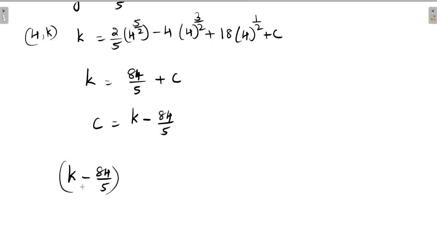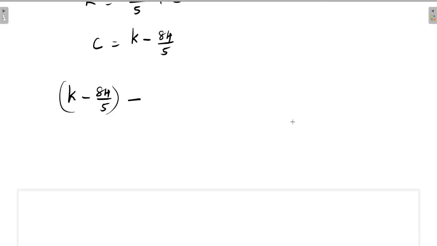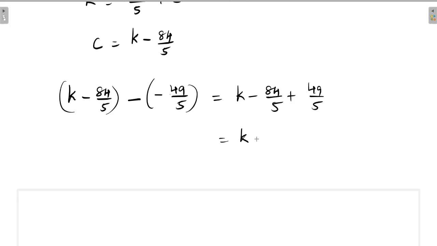The constant term of curve D is k − 84/5, minus the constant term of curve C, which is −49/5. That equals k − 84/5 + 49/5, which is k − 35/5. So the difference is k − 7.